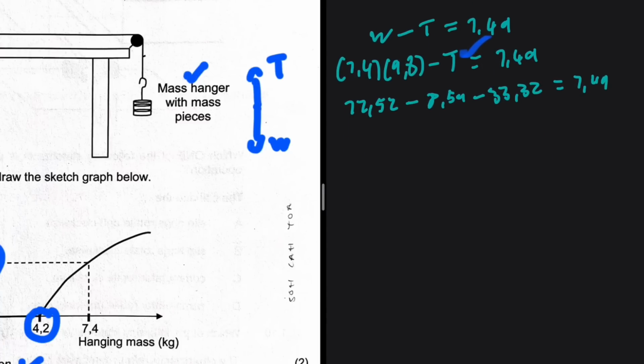So minus 8.5a minus 7.4a, and that is minus 15.9a. This is equal to 72.52 minus 33.32. It is equal to 39.2. But when you take it to the other side, it is going to be minus 39.2.